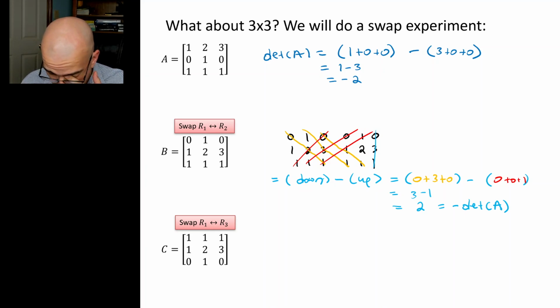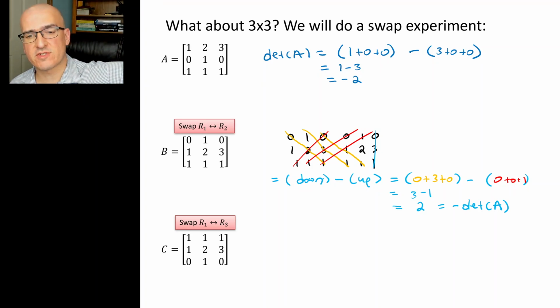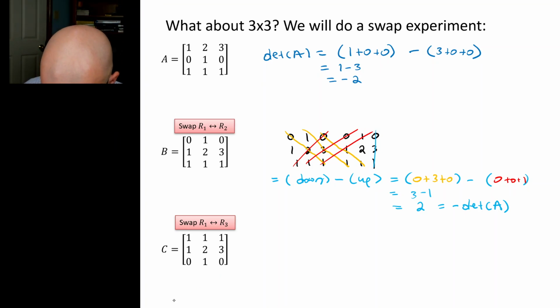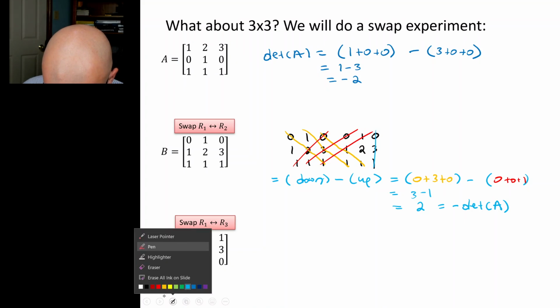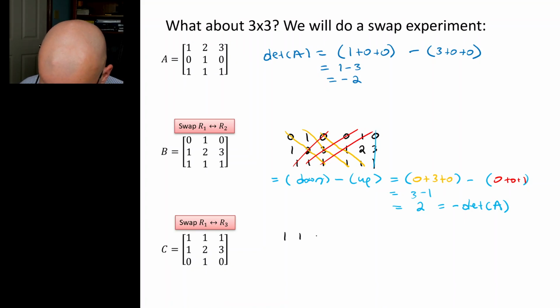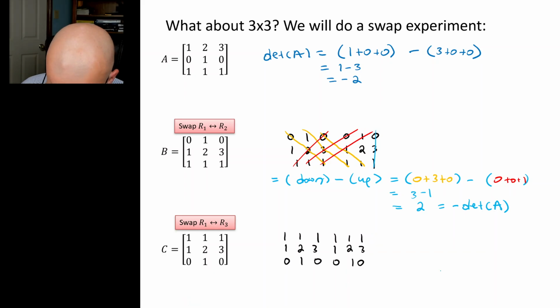And then if we do a swap of, instead, row 1 and row 3. So we go back to the original matrix and swap row 1 and row 3. 1, 1, 1, 1, 2, 3, 0, 1, 0. Hide the last column.